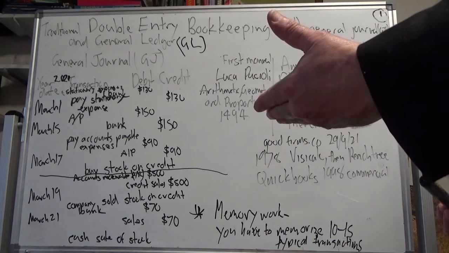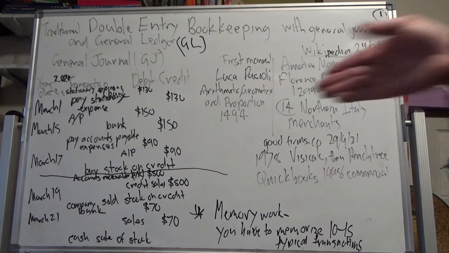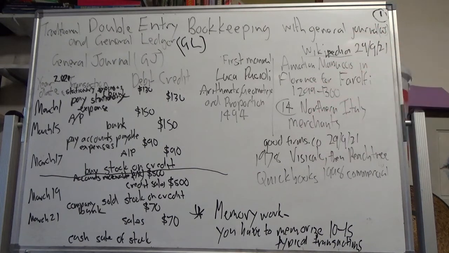The debit is always the debit, the credit is always the credit, and these generally accepted accounting principles always remain in place in the accounting field. So you have to be very familiar and accurate with these transactions.